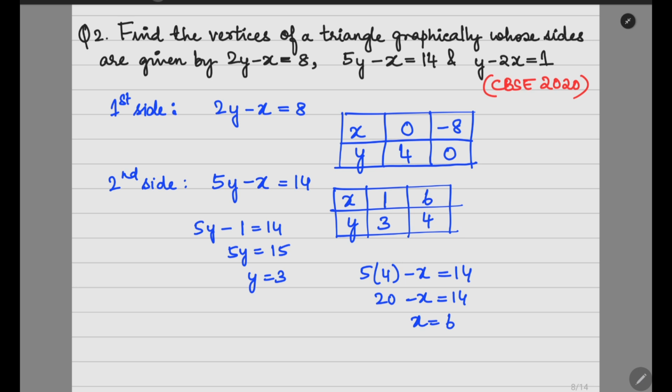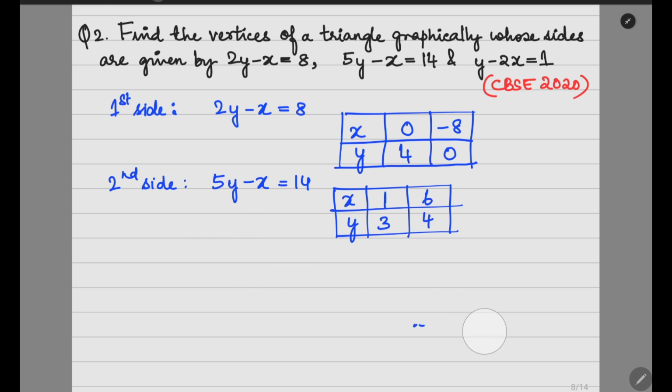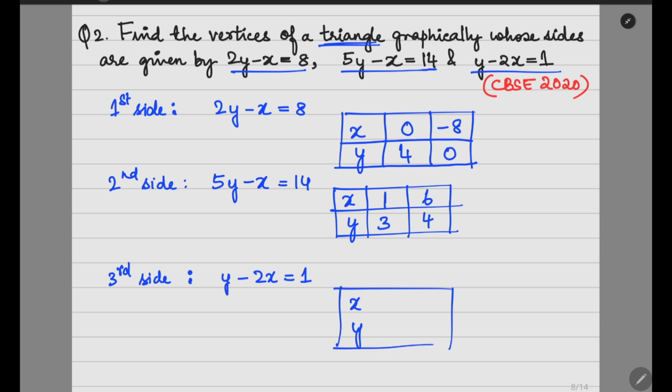Similarly, let us do it for the third side. So what is the third side of the triangle? First side, second side, and the third side. The third side is given by the linear equation y minus 2x equal to 1. Let's draw x and y and find any two points.